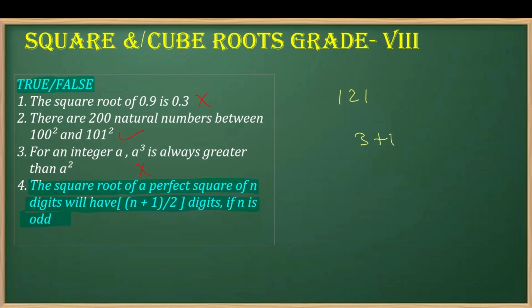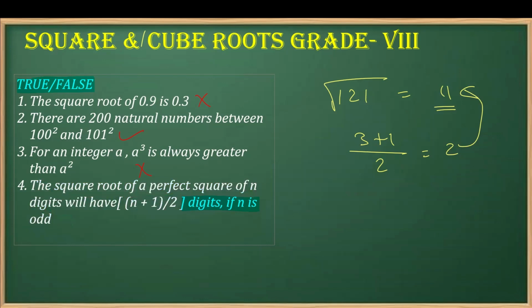So 3 plus 1. Now first I'll find its square root, which is 11. So for a 3-digit number, the square root has 2 digits. So this is n plus 1, that is 3 plus 1 divided by 2, that is 4 divided by 2 is 2. That's a 2-digit number. You can verify with more such examples.